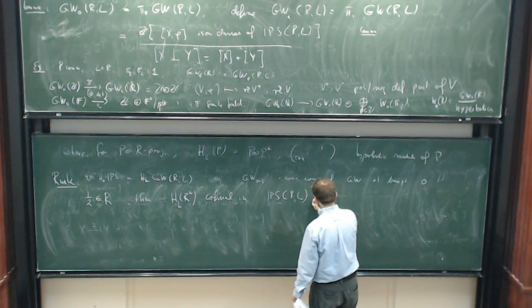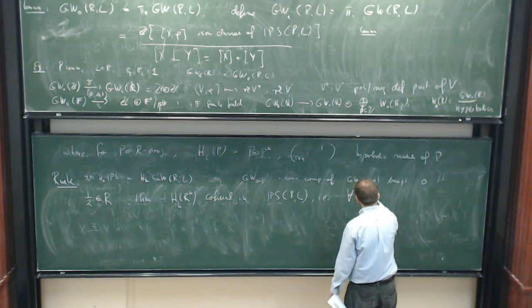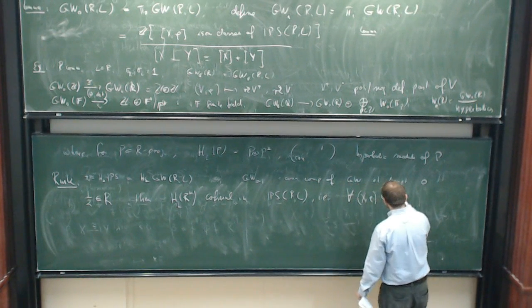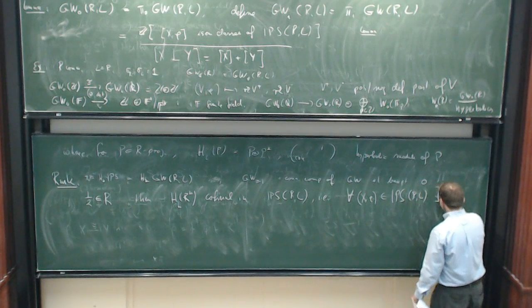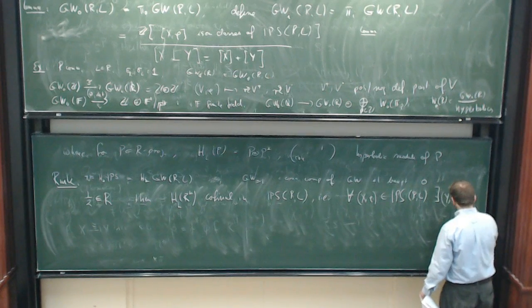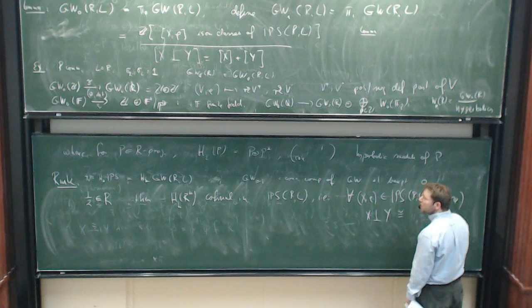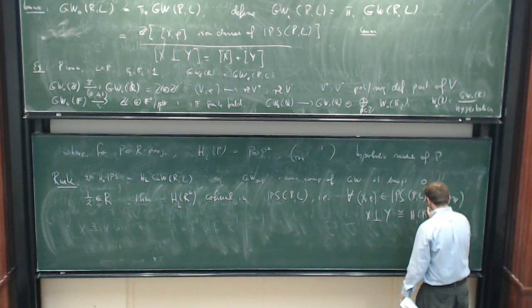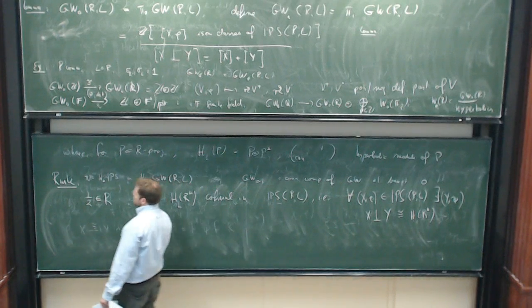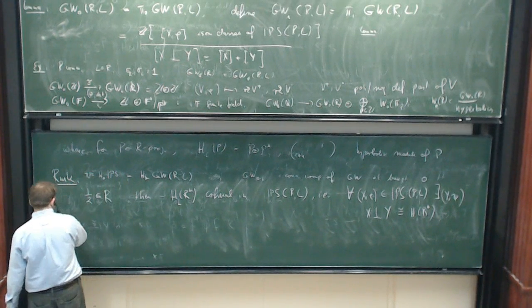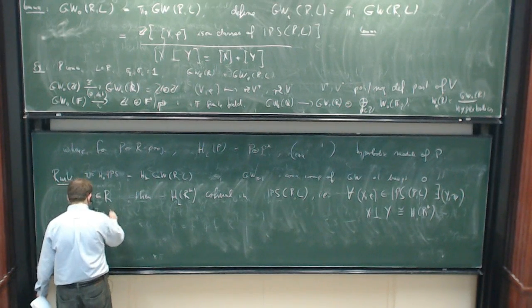So that means that for every inner product space, there exists another one such that the orthogonal direct sum is isometric to hyperbolic of Rn.